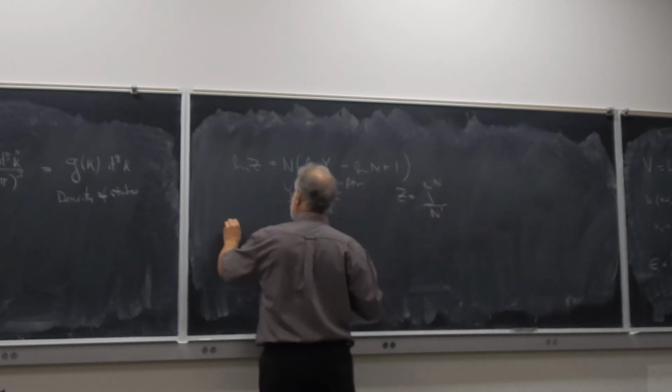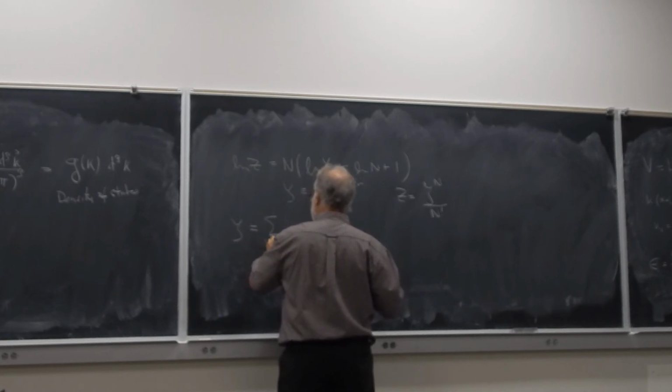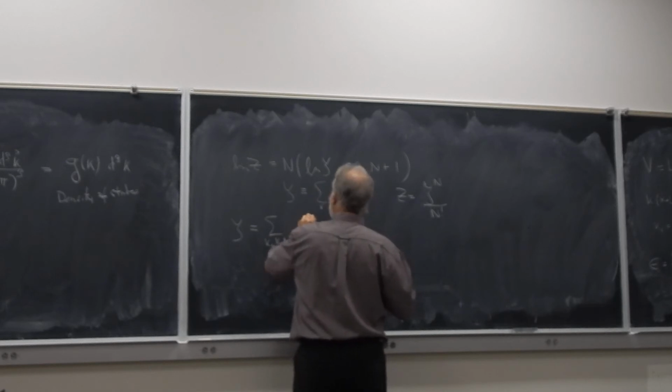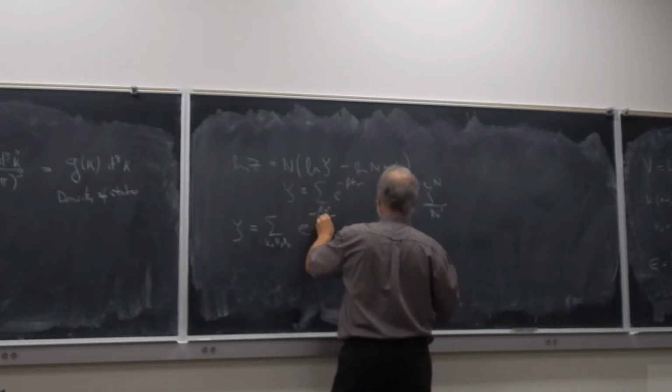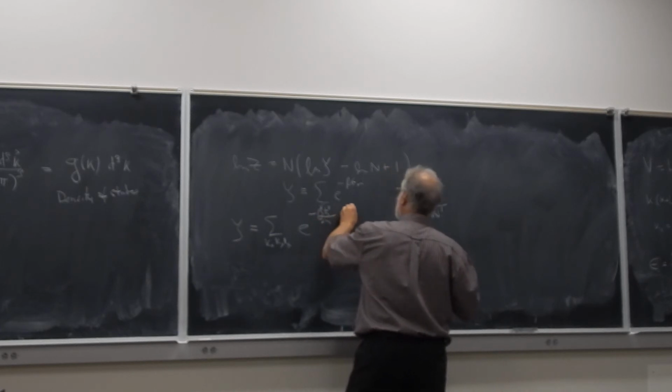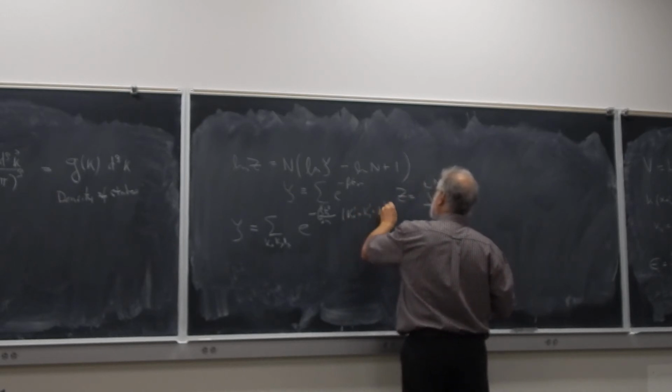But I can write ζ as the sum over κx, κy, κz of e to the minus β ħ²/2m (κx² + κy² + κz²).